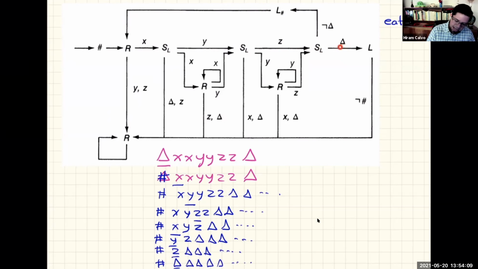It says, if you find a blank space, move to the left. Then our head will be here. If there is no hash, then eternally loop. This is an eternal loop. But because it is a hash, then stop.